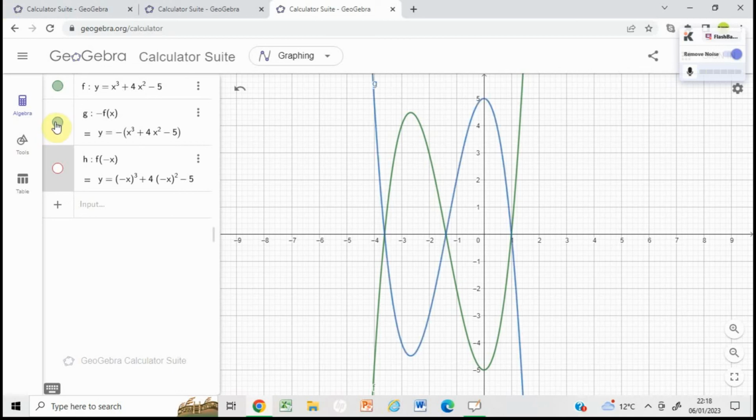And here we go. You can see it's a reflection in the x-axis because all the y coordinates have been multiplied by -1. So when the y coordinates on the original green graph are below the x-axis, when they are negative, multiplied by -1, they move above the x-axis.